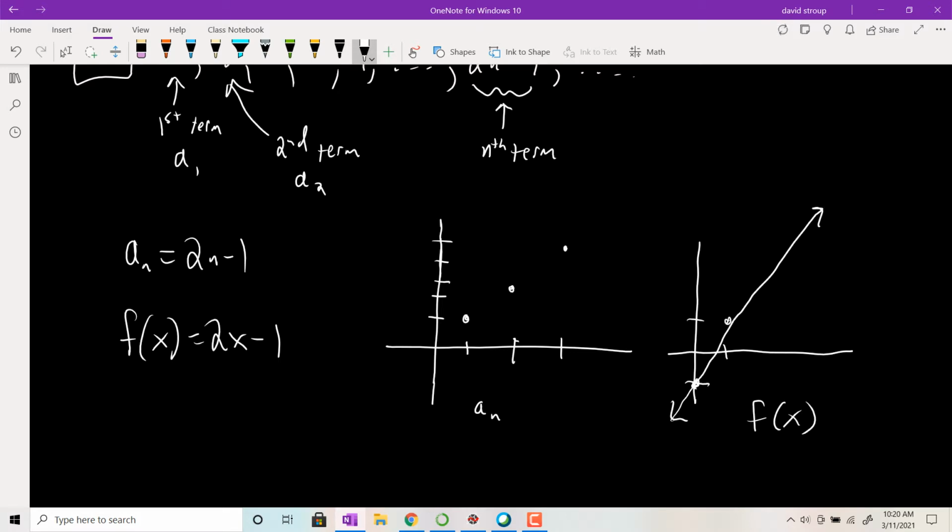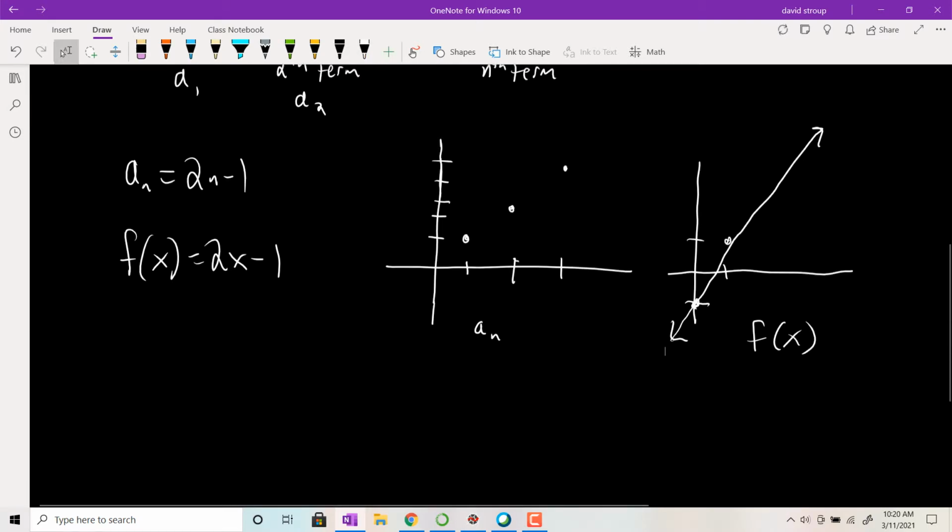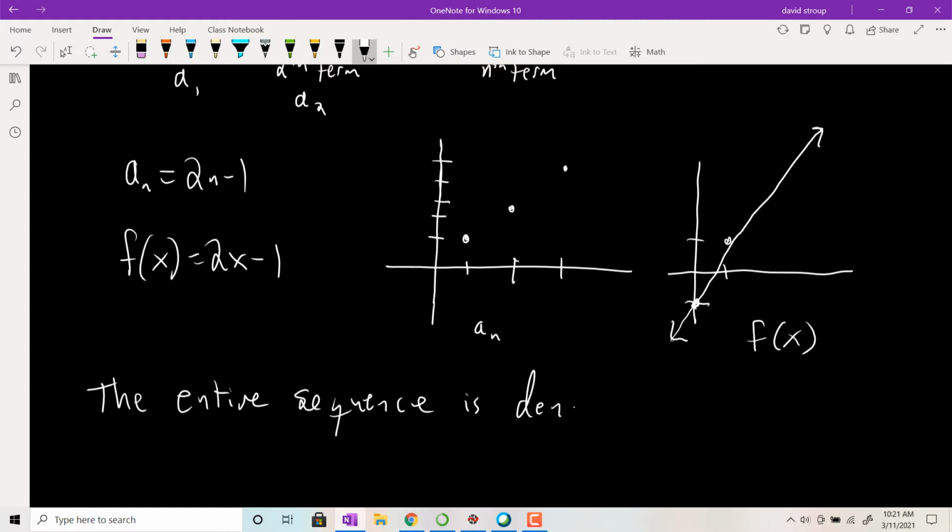But the point is the sequences are on some subset of the integers, so you just get all these dots instead of a straight line. If we talk about the entire sequence, we won't say a sub n. We're going to say the entire sequence is denoted with curly brackets, a sub n.